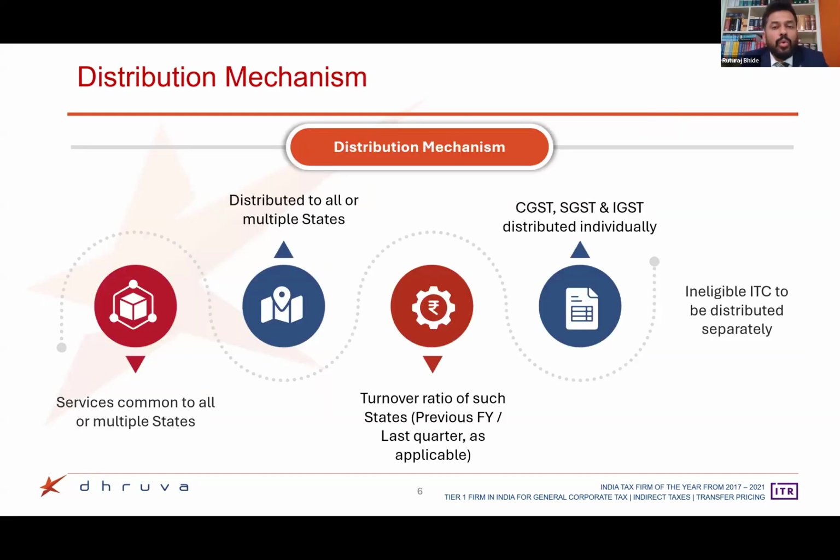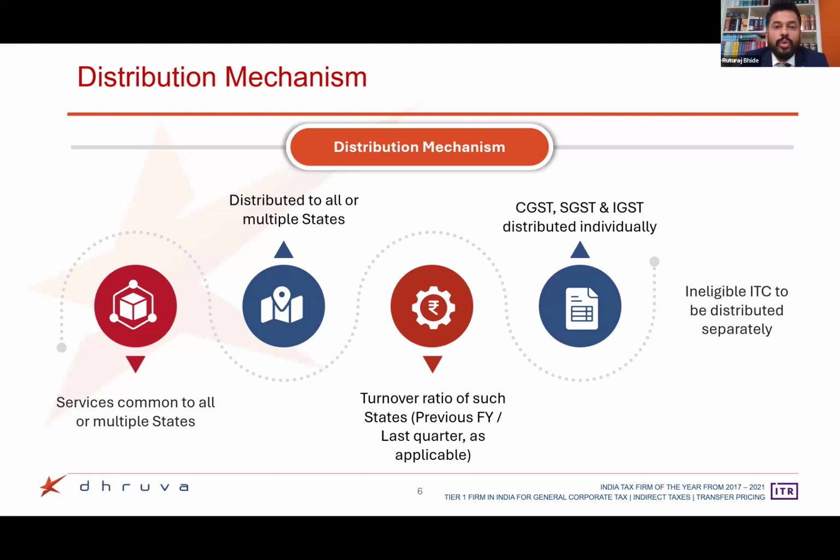Now, let's see how the input service is to be distributed as a part of the ISD mechanism. First of all, the services which are common in nature will need to be distributed. Here, on a case-to-case basis, the nature of common services and whether a service is common to all the registrations or a specific registration will vary.